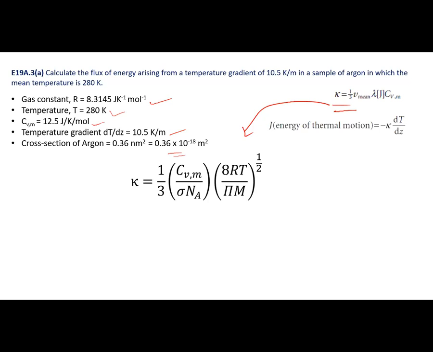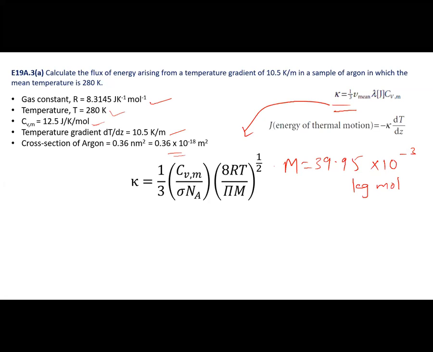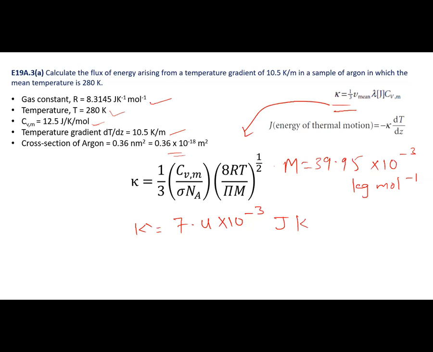You plug in all these values since you know CVM, sigma, R and T, and the molar mass of argon, which is 39.95. Make sure that you have this in SI units, kilogram per mole. So you plug in all these values, and you should get the answer as 7.4 times 10 power negative 3. Again, what are the units? Joule per Kelvin per meter per second.